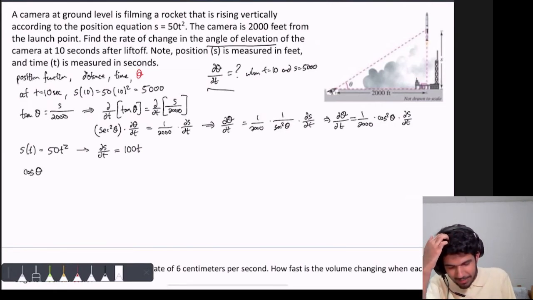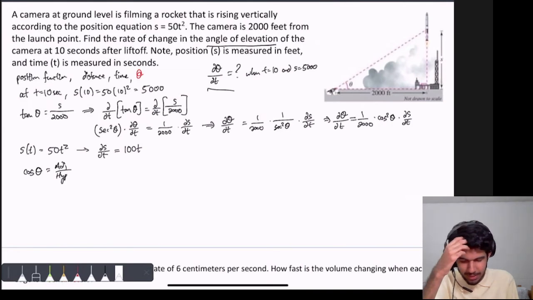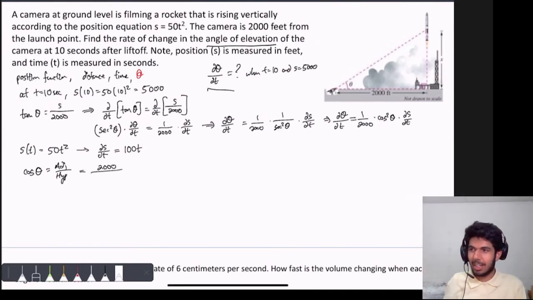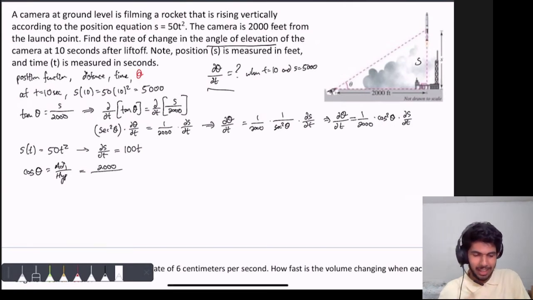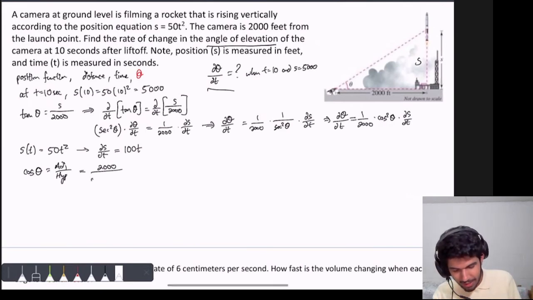Cosine of theta equals adjacent over hypotenuse, right? So what's the adjacent? 2,000. And what is the hypotenuse? Well, the opposite is s, and the adjacent is 2,000, so we use the Pythagorean Theorem, and we should get that this is c, so c squared equals s squared plus 2,000 squared.